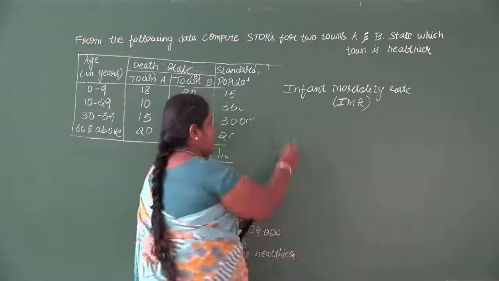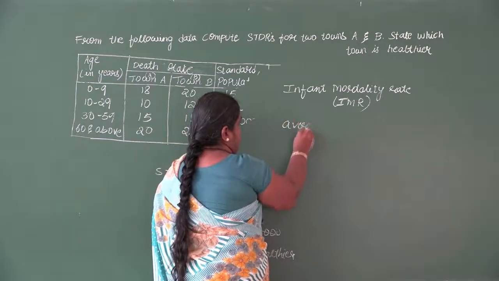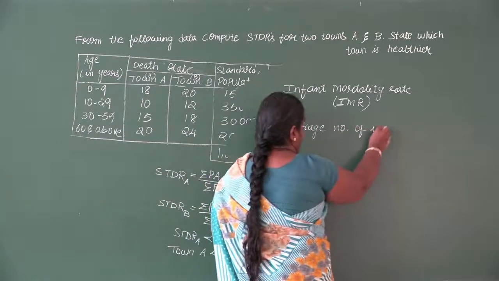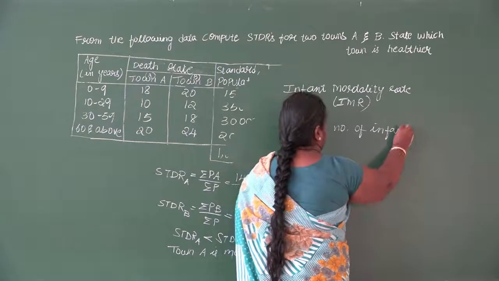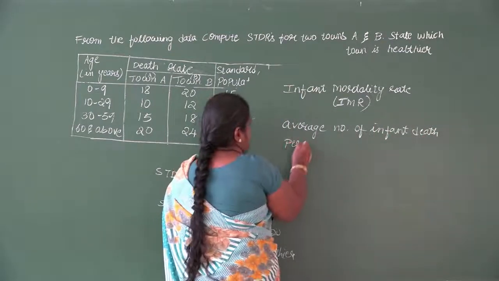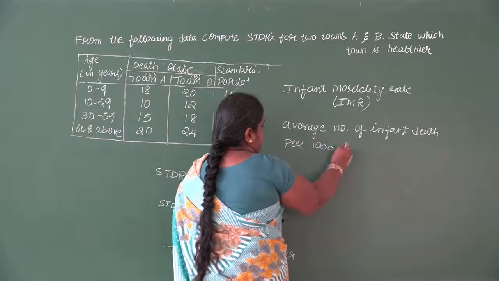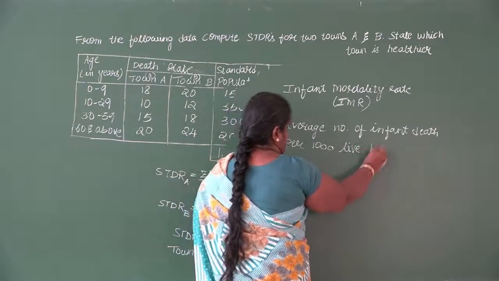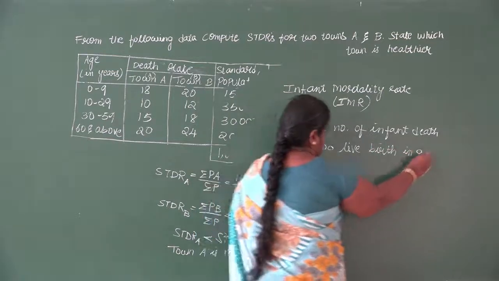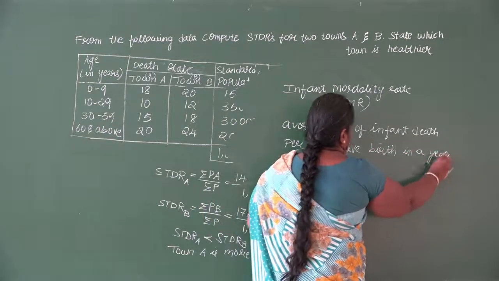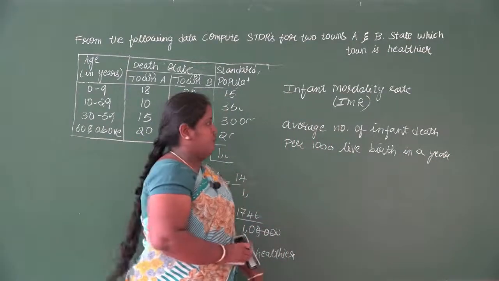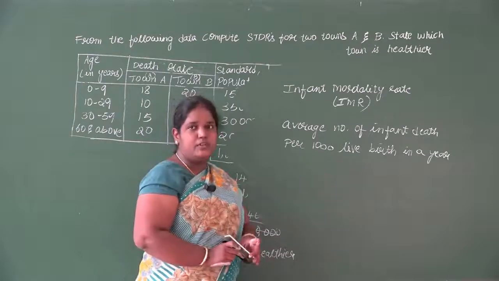Infant mortality rate is the average number of infant deaths per 1,000 live births in a year.